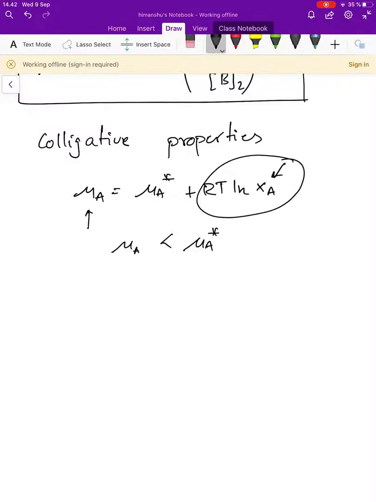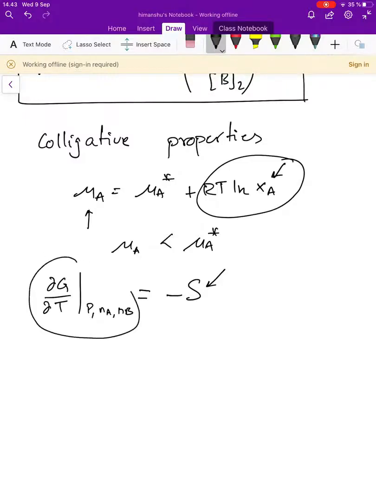Let's try to look at this a bit more graphically. If you remember from the fundamental equation of chemical thermodynamics, the partial derivative of the Gibbs free energy with respect to temperature when keeping the pressure and composition constant is equal to minus S, entropy. Since entropy is always positive, this value, which is essentially the chemical potential, the gradient of the Gibbs energy with respect to temperature, is always negative.